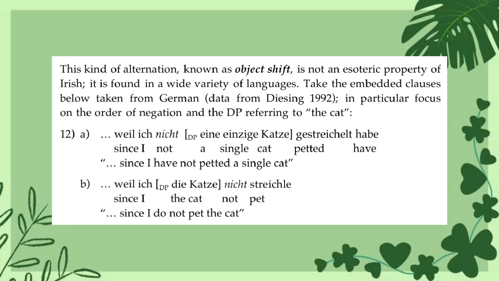So we have the illustration right here, 12a and 12b. Since I not a single cat petted have, or in English, since I have not petted a single cat. In B, since I the cat not pet, or in proper English, since I do not pet the cat.